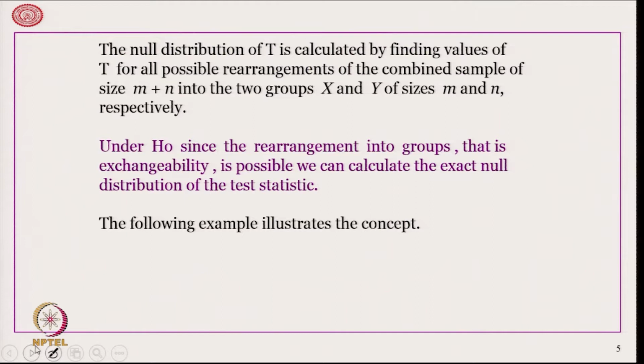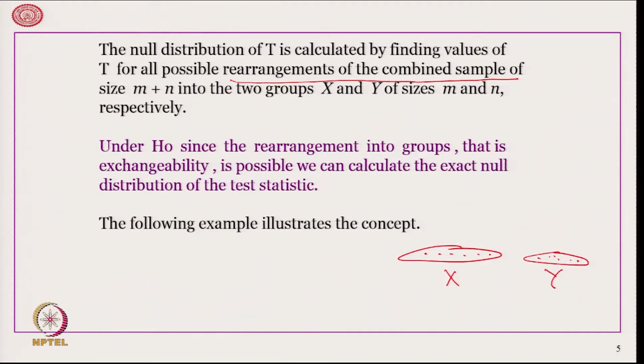It is calculated by finding the values of T for all possible rearrangements of the combined sample of size m plus n into the two groups x and y of sizes m and n. What does it mean? Suppose this is my x and there are certain observations, and this is my y and there are certain observations.